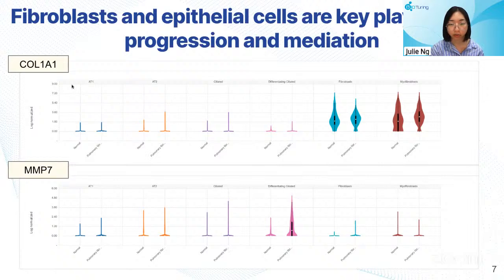So overall, I just wanted to show in this image that fibroblasts and epithelial cells are the key players in pulmonary fibrosis progression and mediation. For the focus of today's analysis, I am only going to focus on the fibroblasts and epithelial cells, but not necessarily the differentiating ciliated cells.